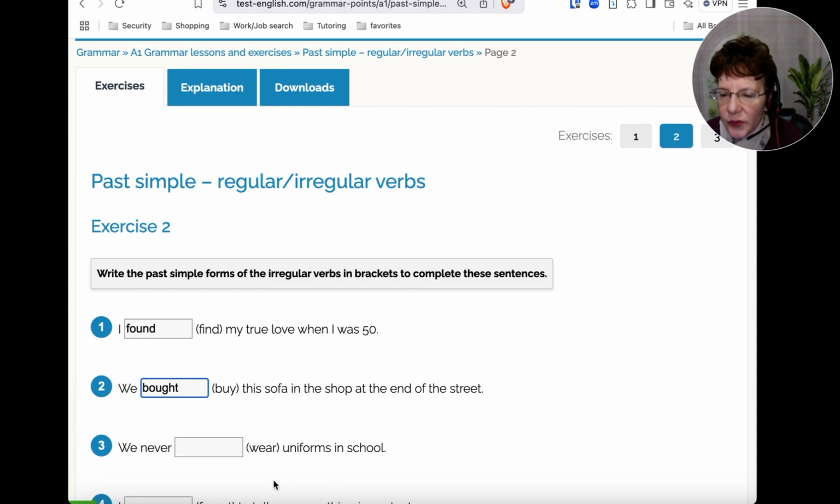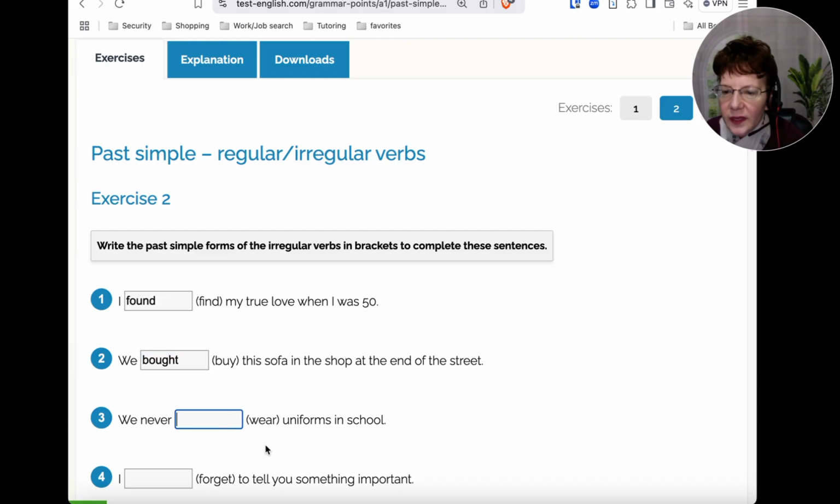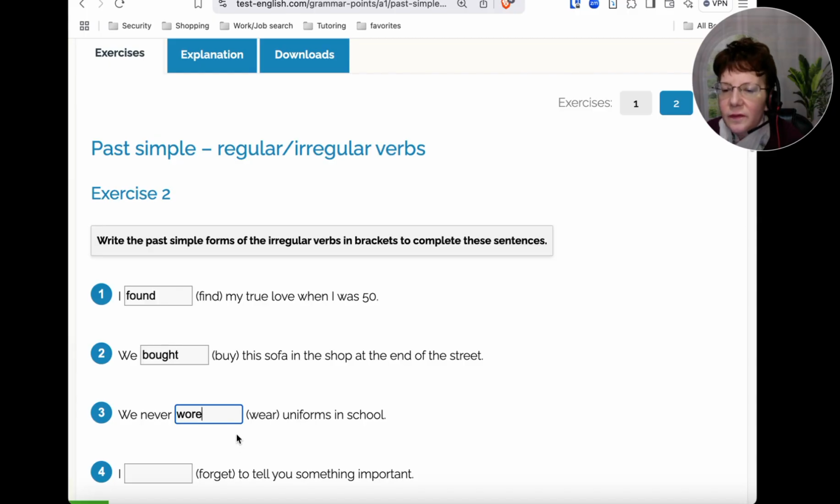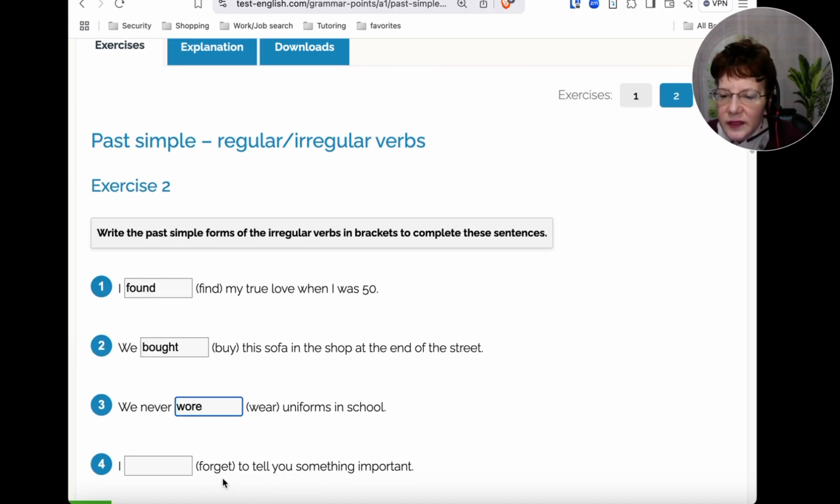Okay, number 3, wear. So we never what? Uniforms in school. So that becomes wore, right? Wore uniforms in school. All right, number 4, I forget to tell you something important.